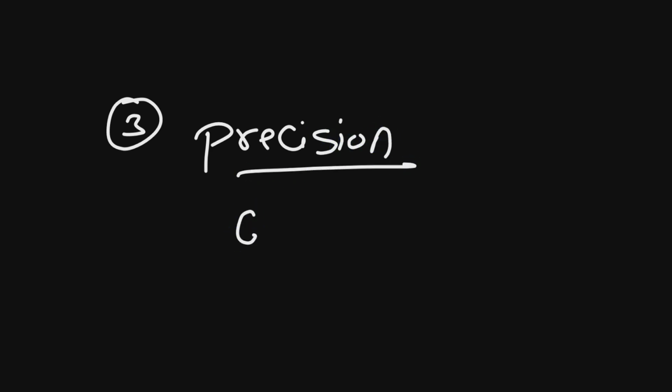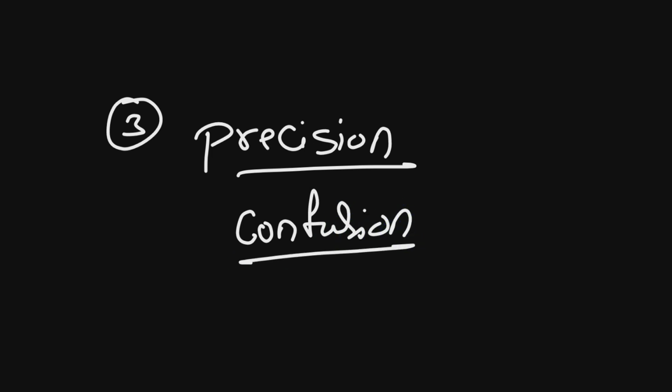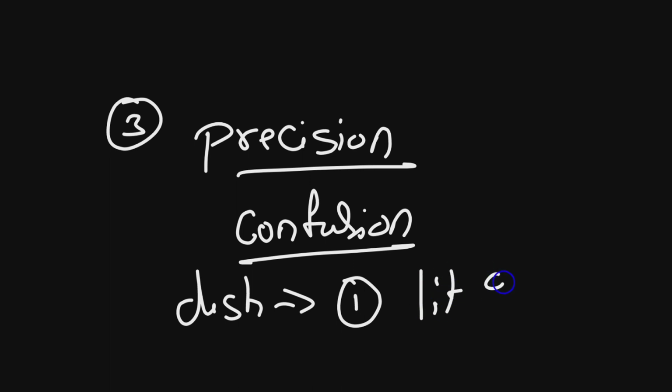The first one is finiteness, the second is uniqueness, the third is precision. Precision means there should not be any confusion in the step. I have to precisely define what the step is going to do. Suppose I am preparing a dish, then I will write a step like light the gas stove.